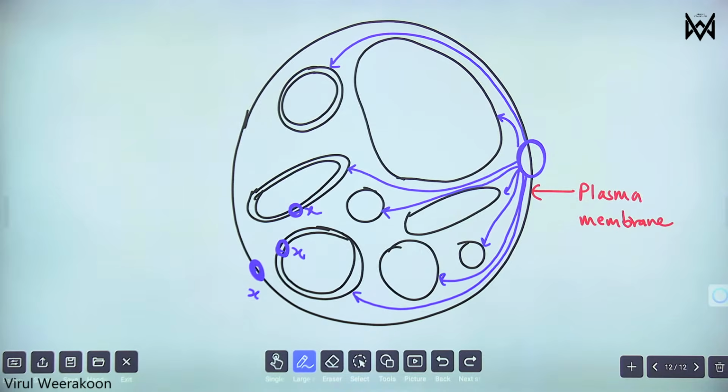The plasma membrane, single membrane bounded organelles and double membrane bounded organelles share a common structure.